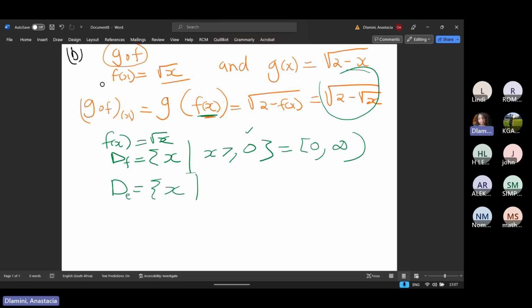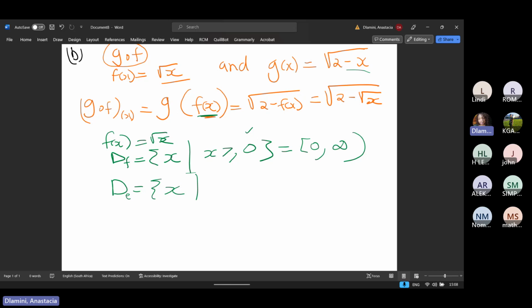Can someone remind me, what did we say if we are going to find the domain of an expression that is the square root? Inside the square root, we must not have a negative number. So everything inside the square root should be what?